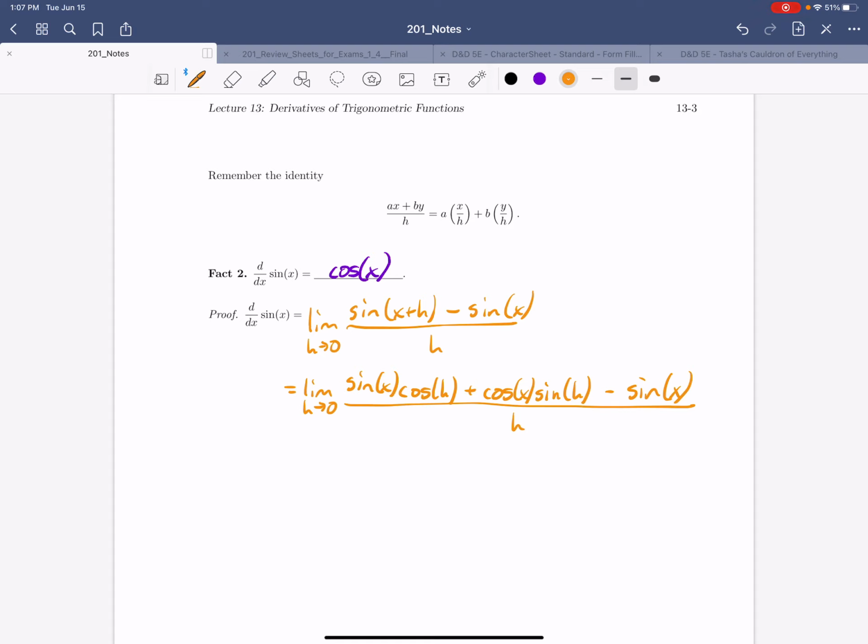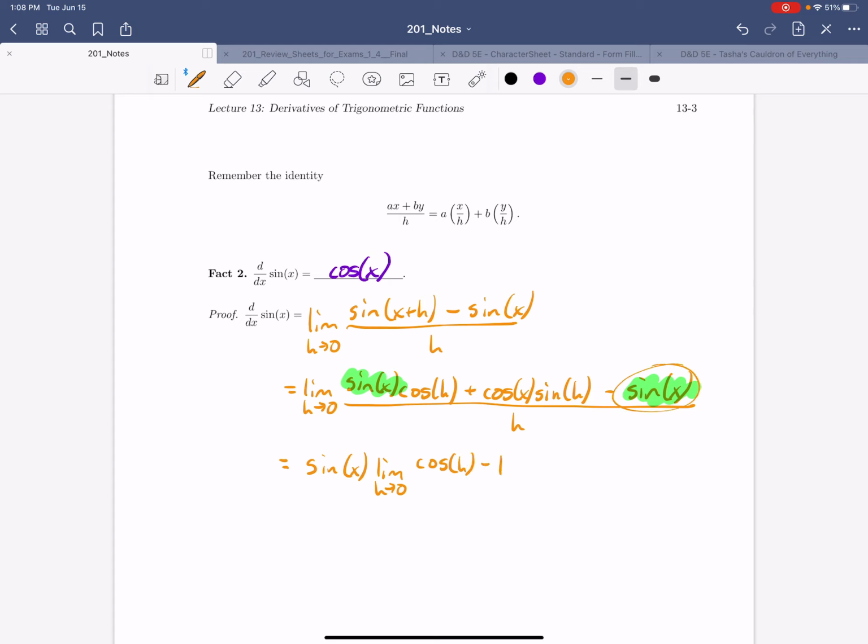Okay. So I guess at this point you might notice that we do have a common factor of sine of x right there, so maybe we want to group those two together and maybe pull out that sine of x if we can. So maybe what I'll do is I'll say this is equal to sine of x times the limit as h approaches 0 of cosine of h minus 1, right?